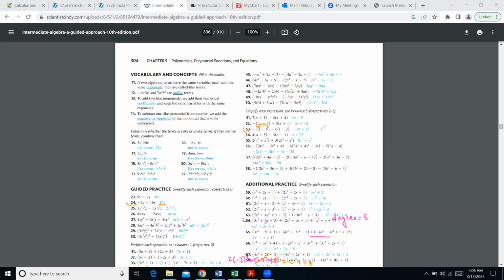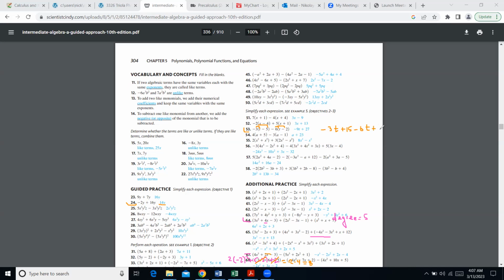So we're going to have negative 3 times letter t, and then negative 3 times negative 5 is positive 15. And then we'll also do the same thing. We distribute negative 6 over this parentheses. So that'd be minus 6 times t, and also minus 6 times minus 2, which is positive 12.